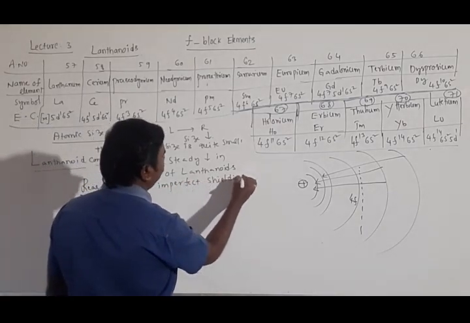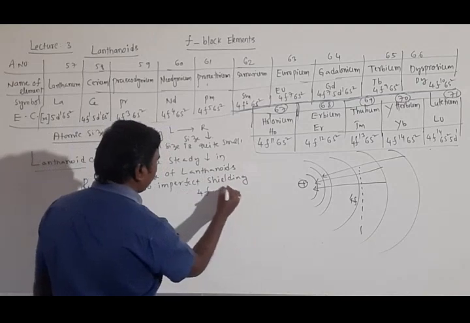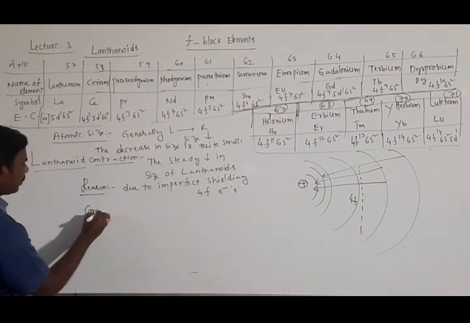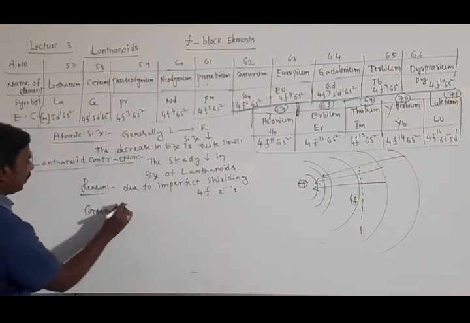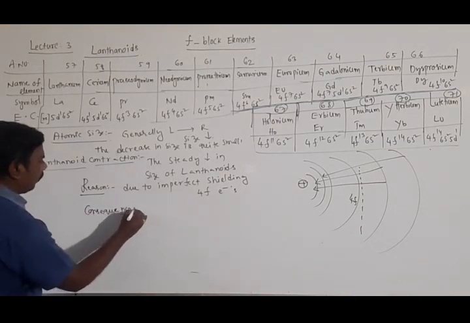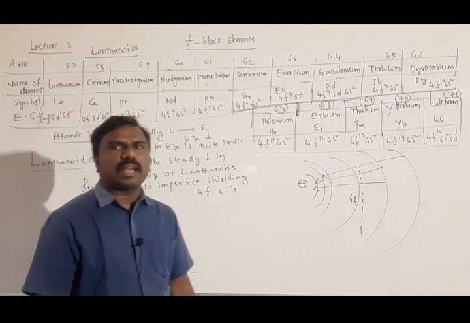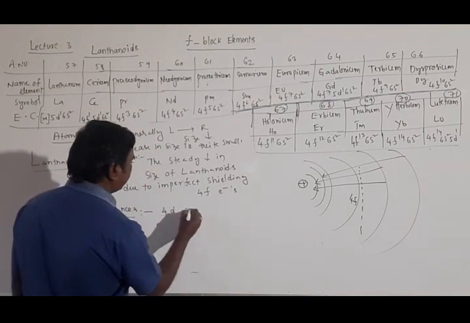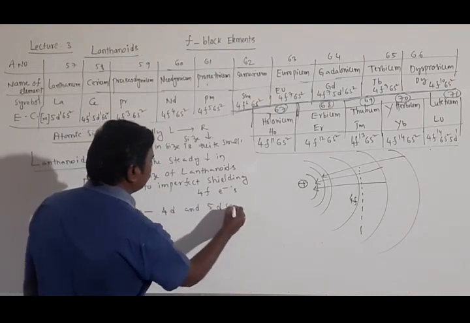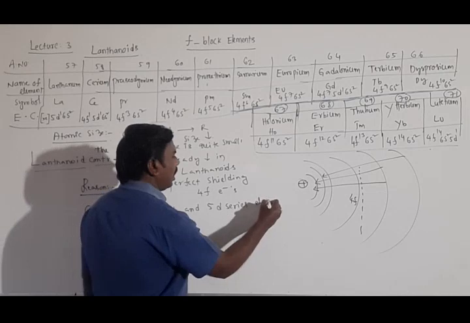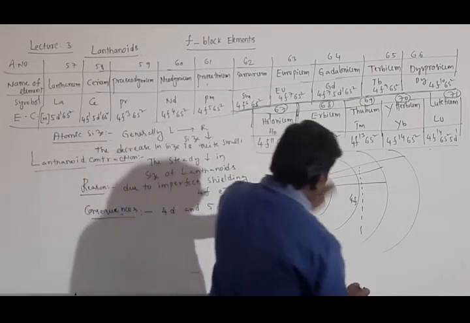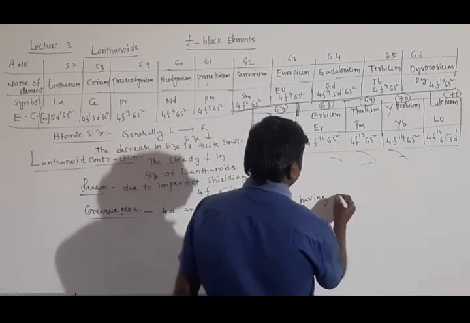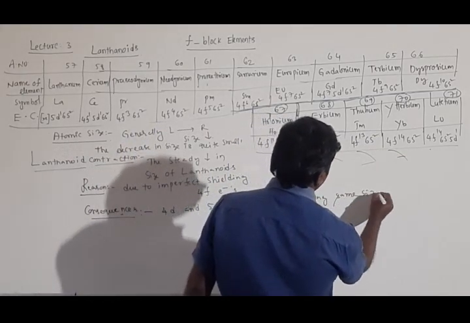Consequences, already given, students: because of this the 4d and 5d series elements have almost the same size. So 4d and 5d series elements have almost close size.